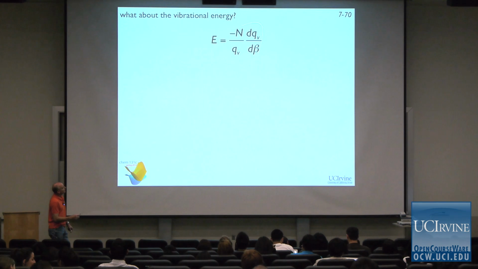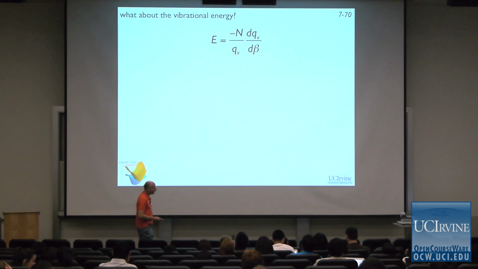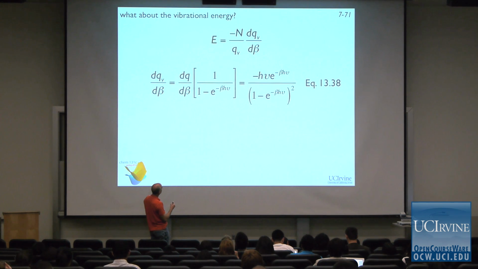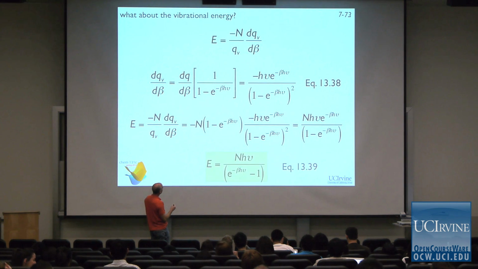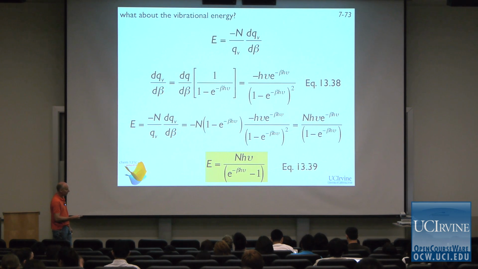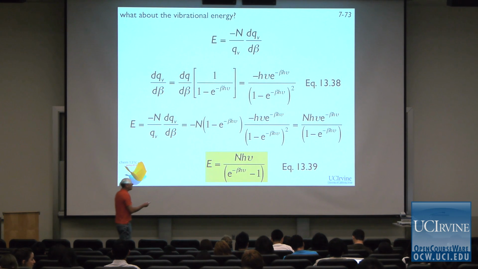What about the energy? Well, we've got this nice expression that we derived, chemistry's least intuitive equation. All we have to do is plug in our partition function here and here. We can calculate the energy directly from that. You can do that, simplify it. There's your equation, 13.39. That's the energy for n molecules.